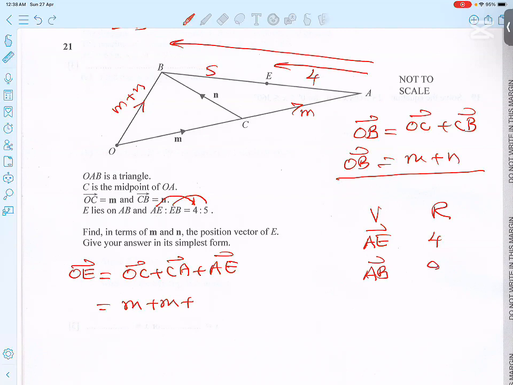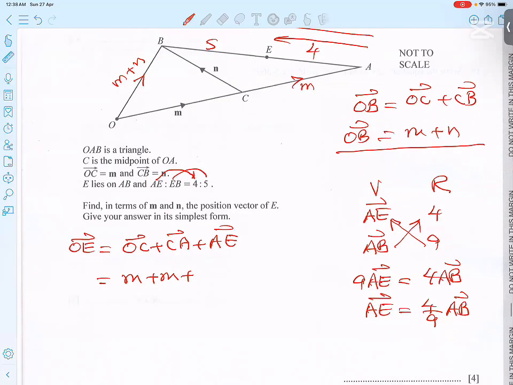Cross multiply: 9 times AE is equal to 4 times AB. And this 9 will divide on the other side. I got 4 over 9 times AB, and this is the value of AE.